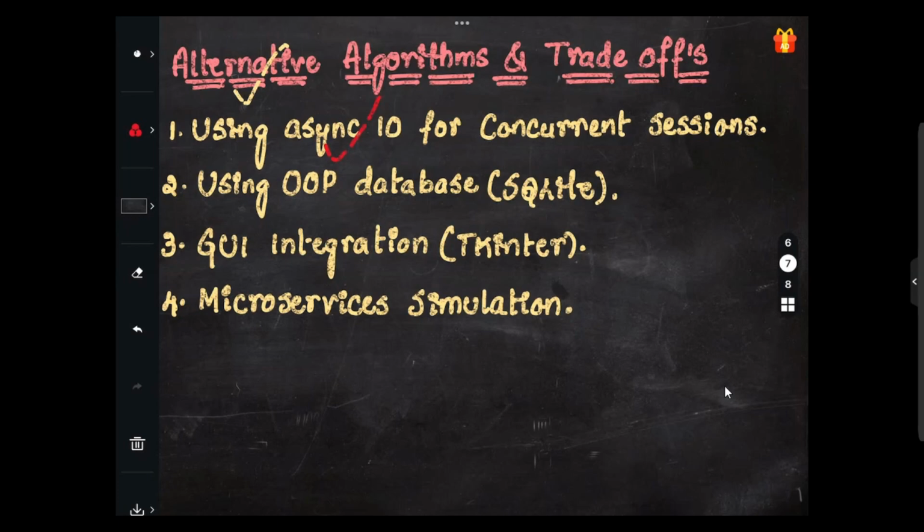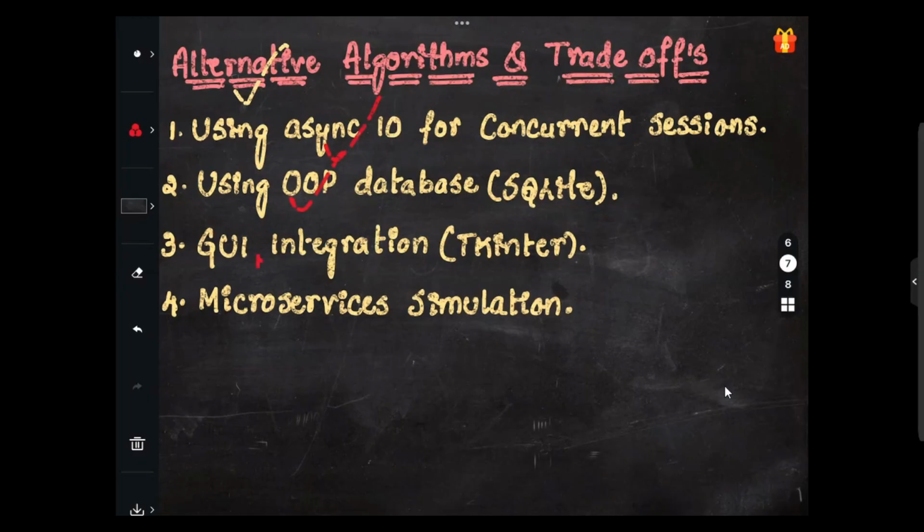The second one is using an object oriented programming database, nothing but we can just go with SQLite here. The advantage is persistence, and the disadvantage would be the external dependency.